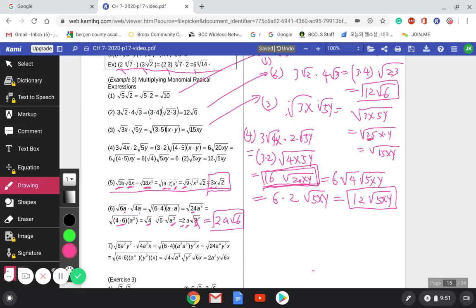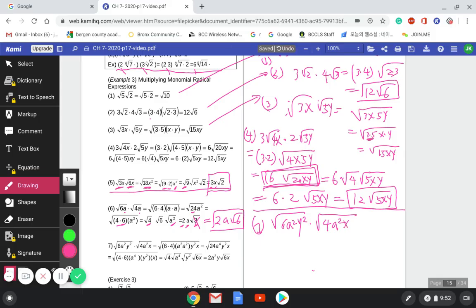Now, next one is a little complicated, but I'm sure you can do that. When you have number 7, square root of 6a squared y squared multiplied by 4a squared x.